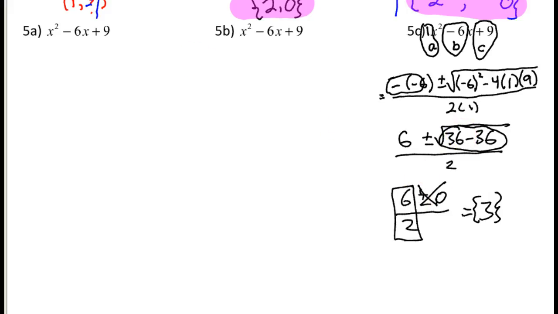If we actually did the work here, what's 6 plus 0 divided by 2? And what's 6 minus 0 divided by 2? Yeah, they're both 3. So whenever you have plus or minus 0, you get the same answer, because plus 0 and minus 0 is the same thing, so that's why we get one answer. We had this thing called the discriminant on a couple homeworks ago, that just by knowing this was equal to 0, there'd be only one answer.